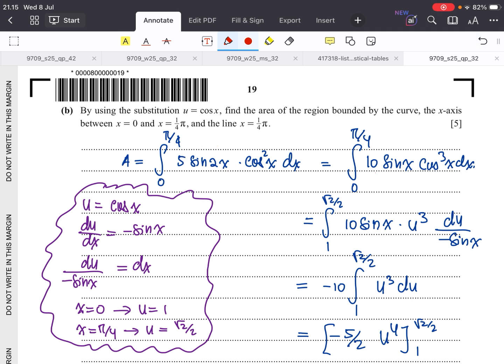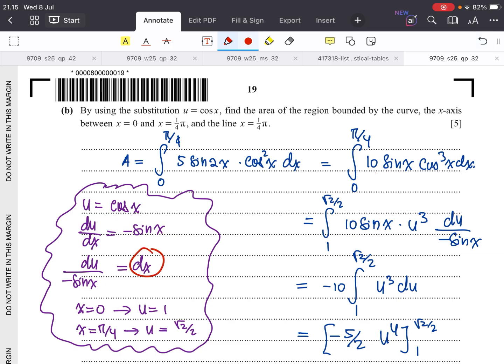So integral 10 sin x cos to the power of 3 x dx from x equals 0 until x equals pi over 4. So the substitution u equals cos x, the first derivative of cos x is negative sin x.